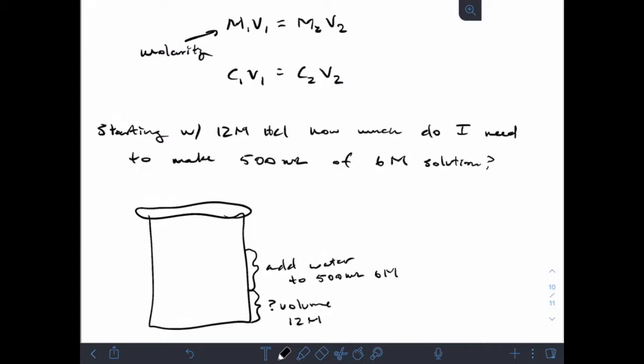An easy way to tackle these problems is to make a list. My M1 is 12 molar. My V1, I don't know. My M2 is 6 molar. And my final volume desired is 500 milliliters.